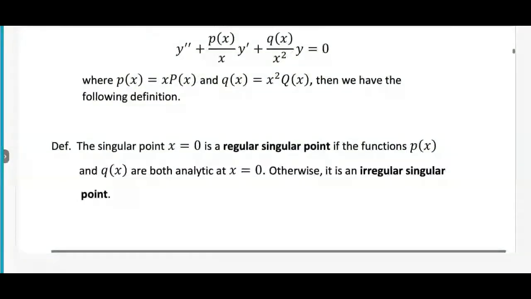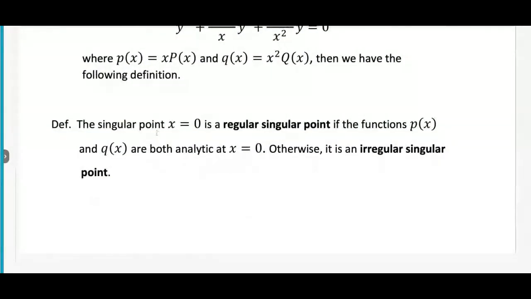So we define the following. The singular point of 0 is a regular singular point, so we add a regular in front of singular point. So we know it's a singular point already.